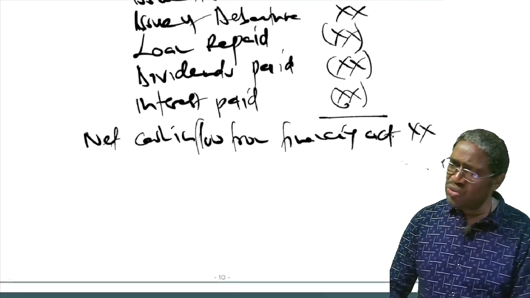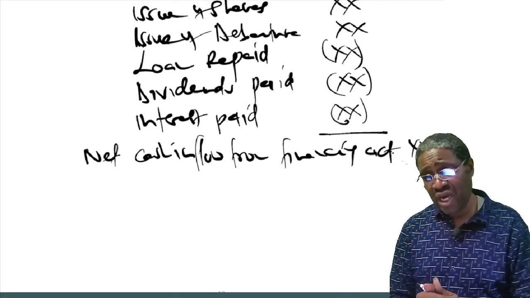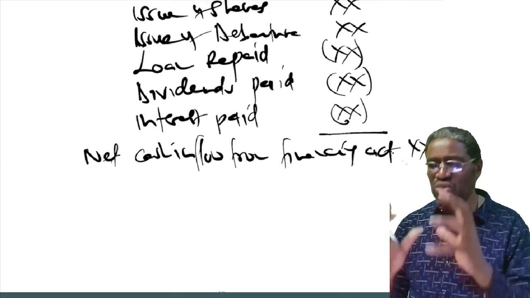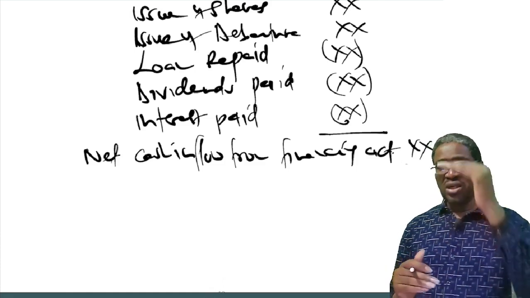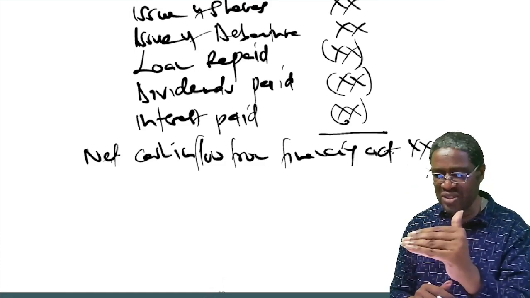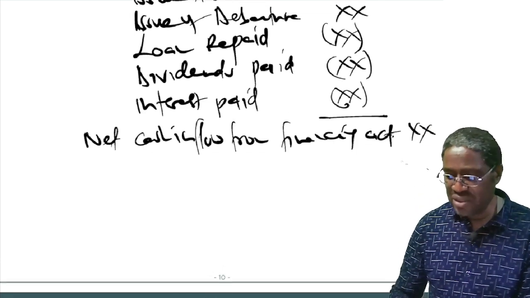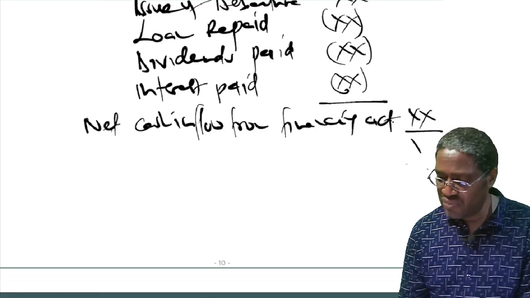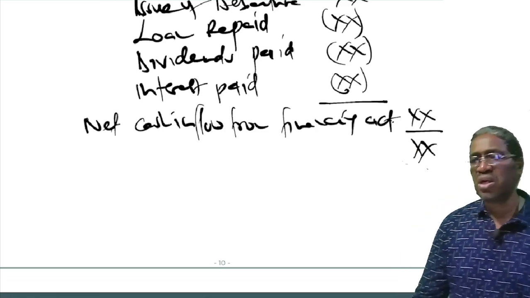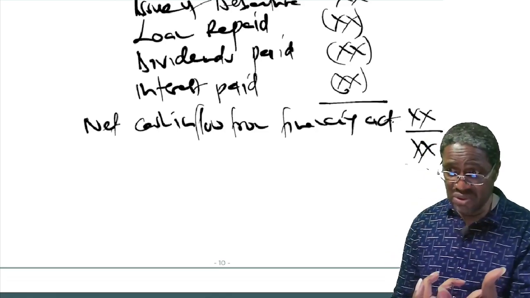Then I told you, once you identify all the three categories of the cash flows, get the totals of those three categories: the operating activity total, the investing total, and the financing total. That total could either be positive or negative.